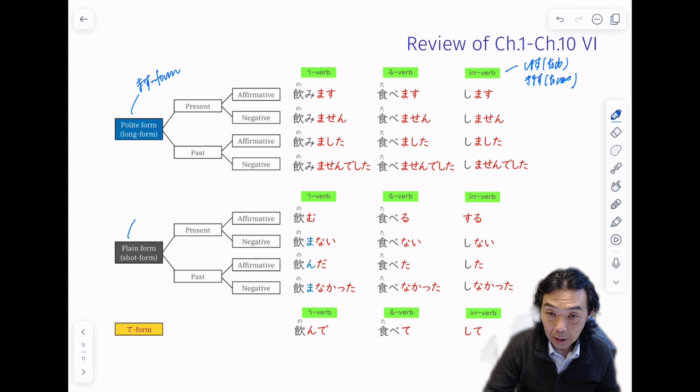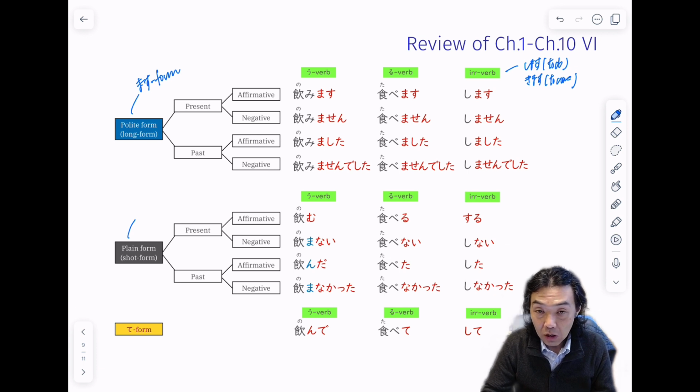Since they're irregular verbs, you just have to memorize. There's nothing other than memorization that you can do with the irregular verbs. Whenever you hear these two verbs, you just have to recognize them as irregular verbs.